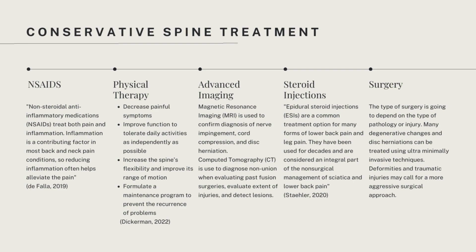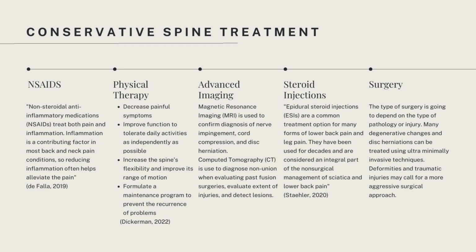In conjunction with the use of these medications, physical therapy can help strengthen the muscles that support the spine structures, alleviate pain, improve range of motion, and help you formulate a plan to prevent recurrence of symptoms.